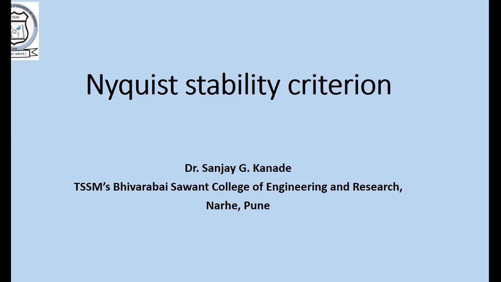Okay, just to remember some of the basic things, because if you neglect those basic things, then it will be very difficult for you to understand what we are talking about.